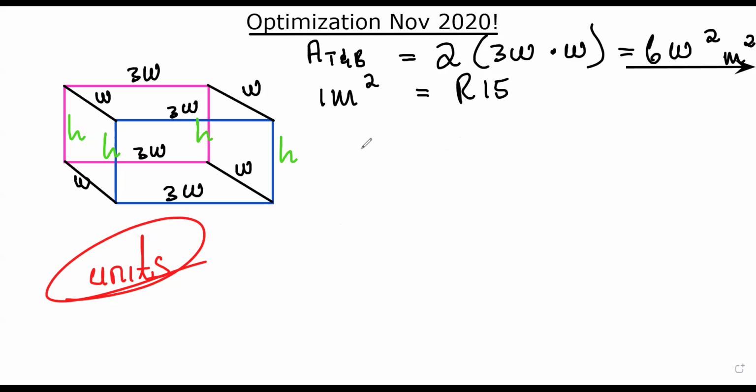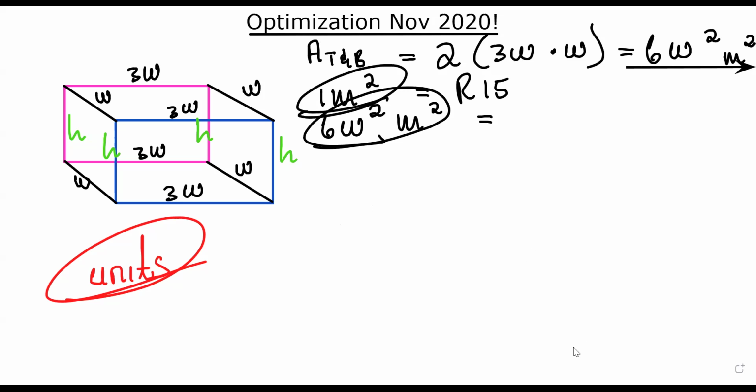So we have to say, well, how much will 6W squared meter squared cost? Well, for this one, you'll say this one divided by that one so that the meter squares will cancel out. And then you say multiplied by 15. So 15 by 6, you get 90.